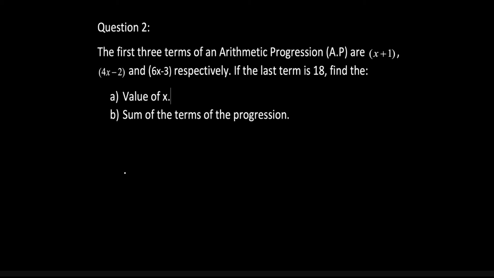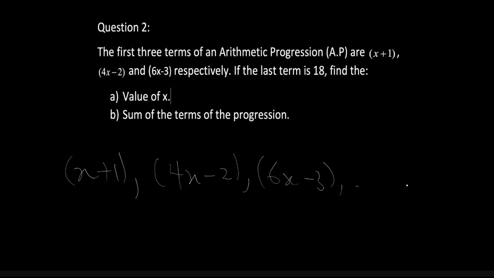The first three terms of an arithmetic progression, AP, are x plus 1, 4x minus 2, 6x minus 3, and the last term is 18.